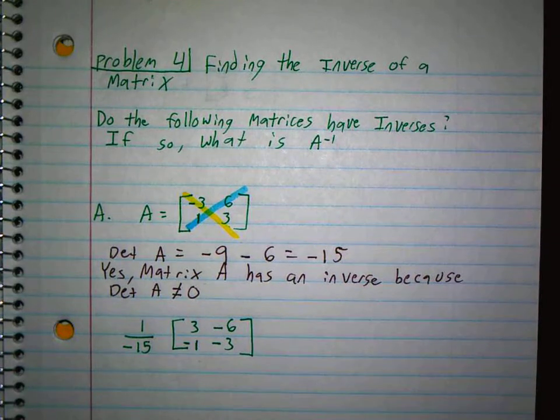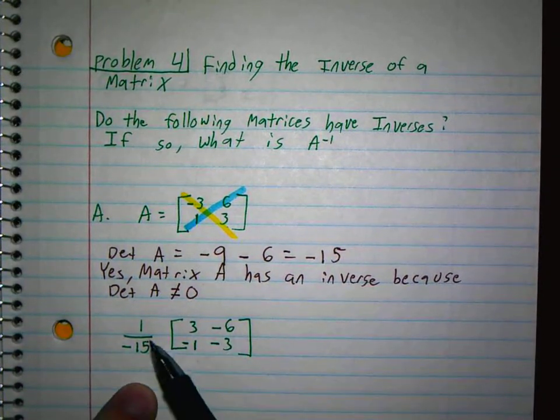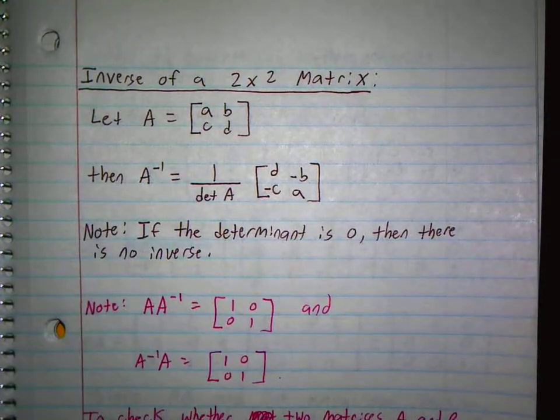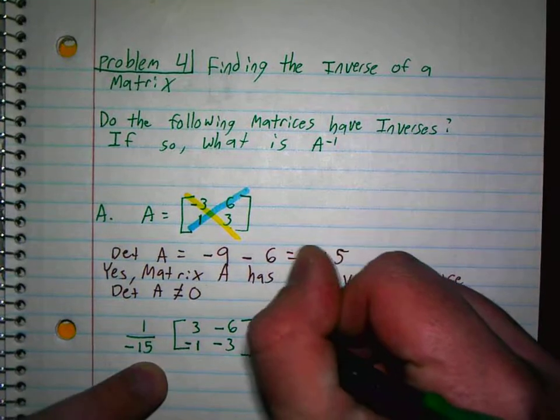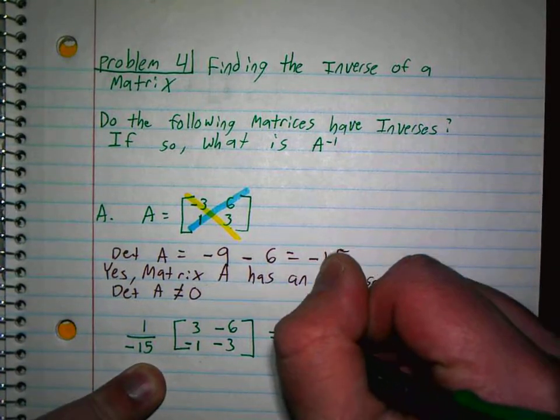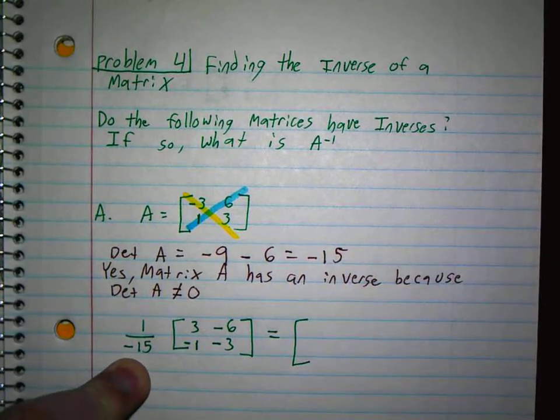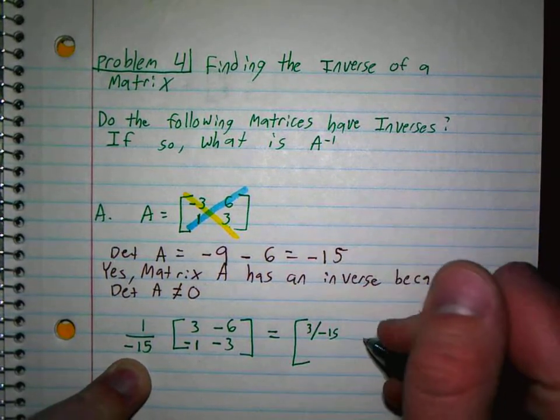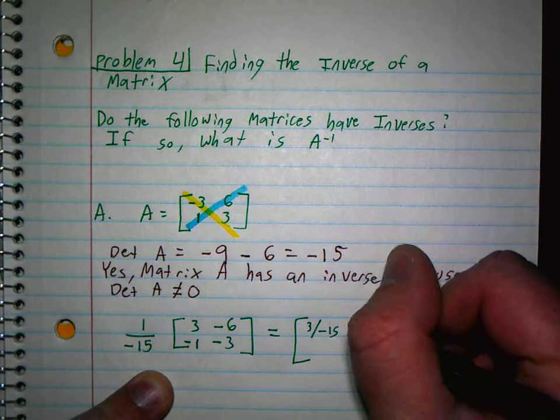All right. Now what this means is take this matrix divided by -15. Let's just make sure we're doing it correct. Yes, we are. So 3 divided by -15. And let's just write down the work just so we have it in our notes, okay?